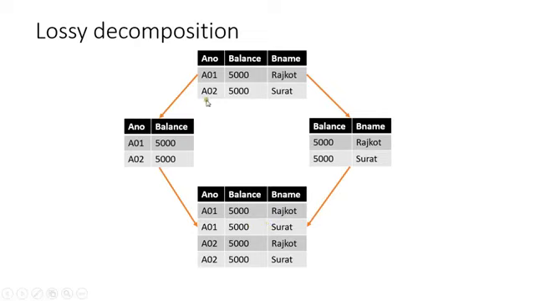The actual data had the original columns, but after decomposition and join we get this data. So both are not the same. There are some extra records here. So this type of example is called lossy decomposition.